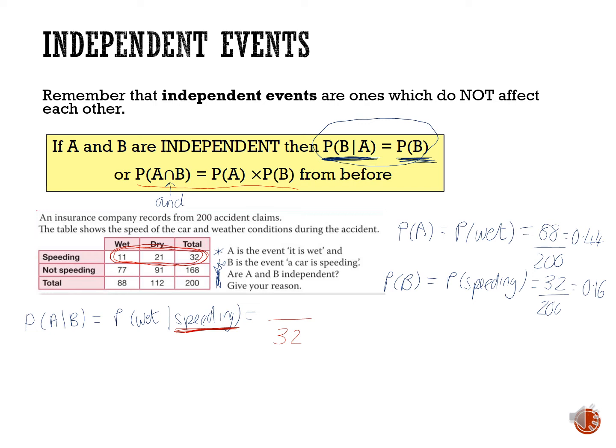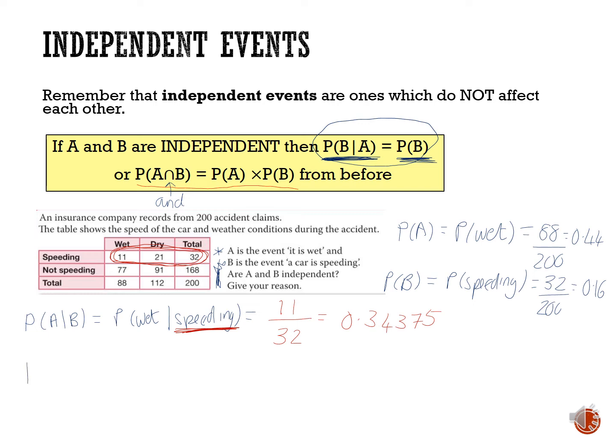And then we want within those 32, how many were wet? And that was 11. Okay, so, which is 0.34375. So that is our conditional probability of probability that it's wet given that they were speeding. So you can see with that, what I've done is I've just looked at the speeding section of the table and I've done that, the total for that on the bottom. And then the top is which ones of those are wet.